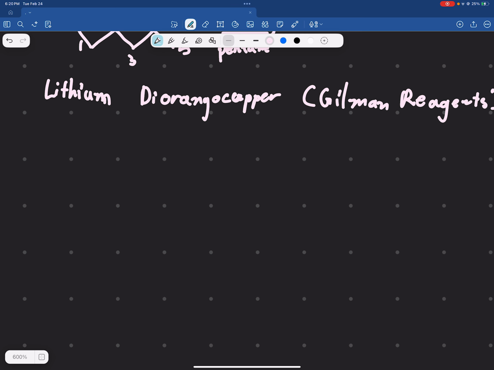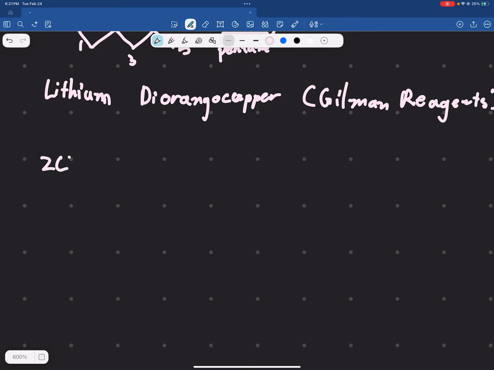This reagent is usually prepared by using organolithium reagents. So it's prepared by treatment of an alkyllithium compound with copper(I) iodide.